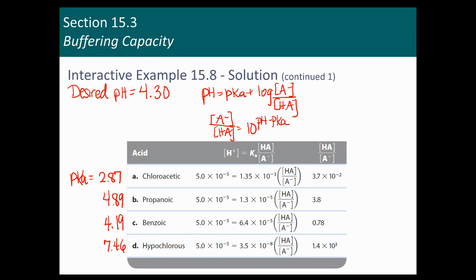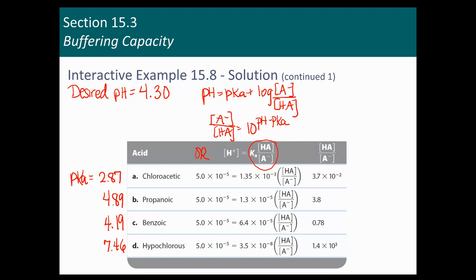So if I go down the line, the reason why I don't like, well, I wouldn't say I don't like, but you see that all of this here is using the Ka expression, which I think is more work than this top one. So this is an or. You can use the way I'm doing it with Henderson-Hasselbalch or use the Ka expression.